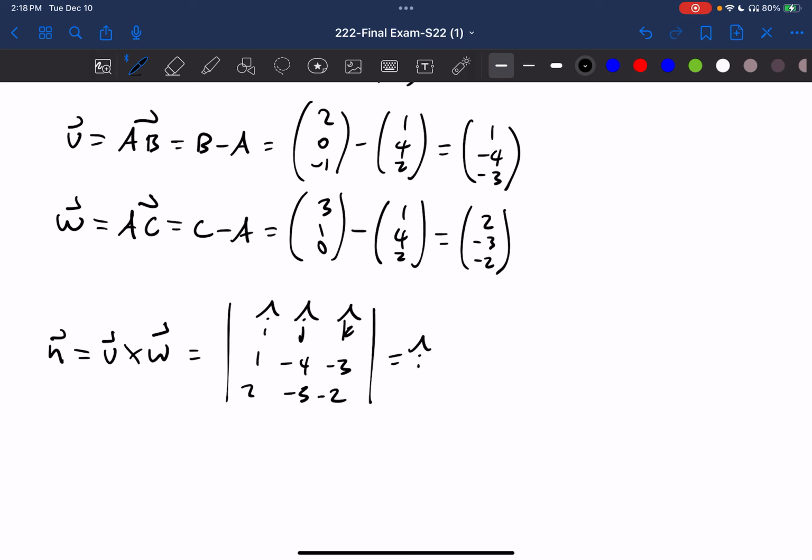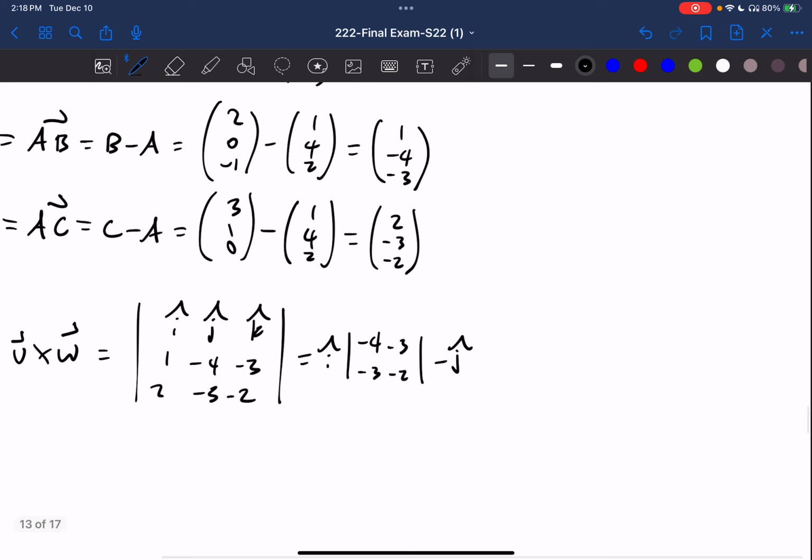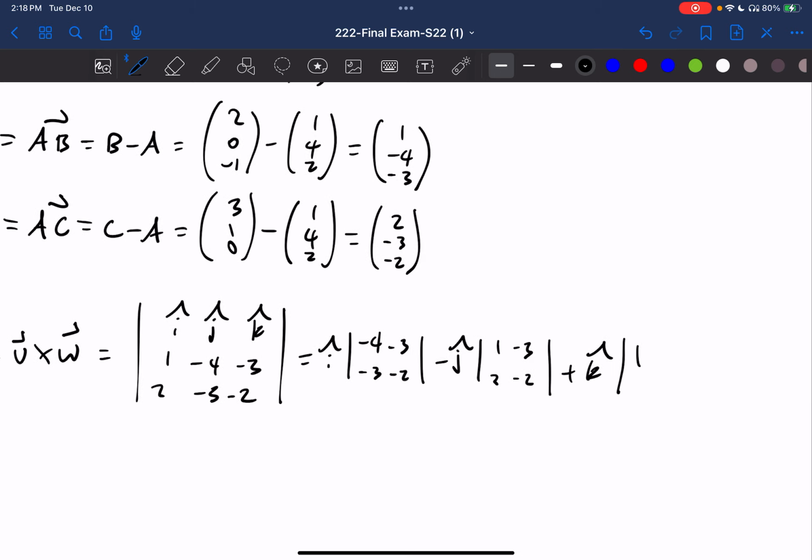This will be equal to i times the determinant of negative 4, negative 3, negative 3, negative 2, minus j times the determinant of 1, negative 3, 2, negative 2, plus k times the determinant of 1, negative 4, 2, negative 3.